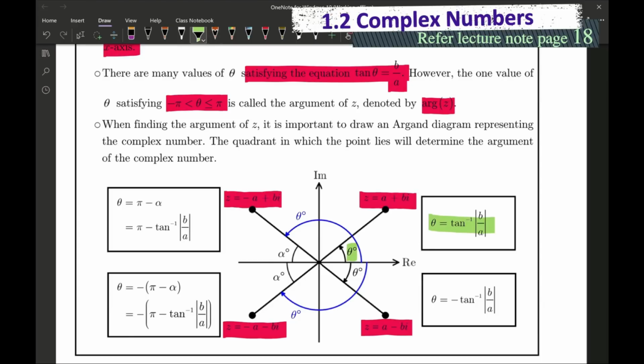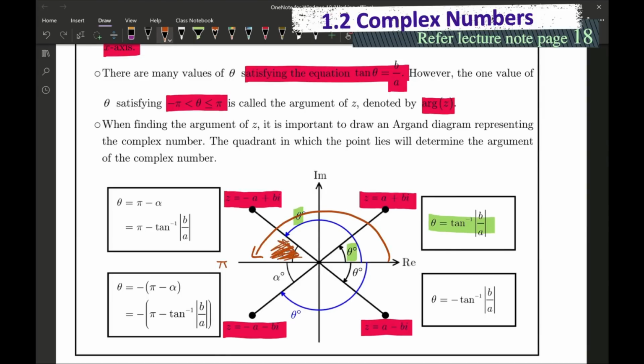If it is in the second quadrant, our complete half circle is from 0 to pi. This is the theta that we want, and this is the angle that we don't want.